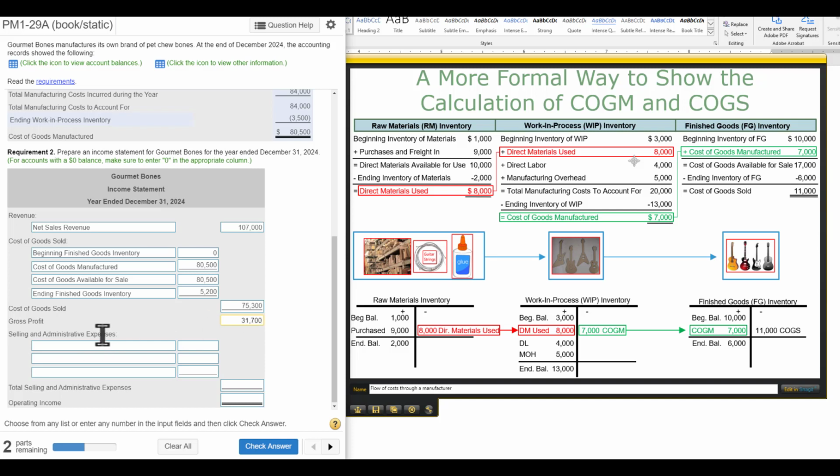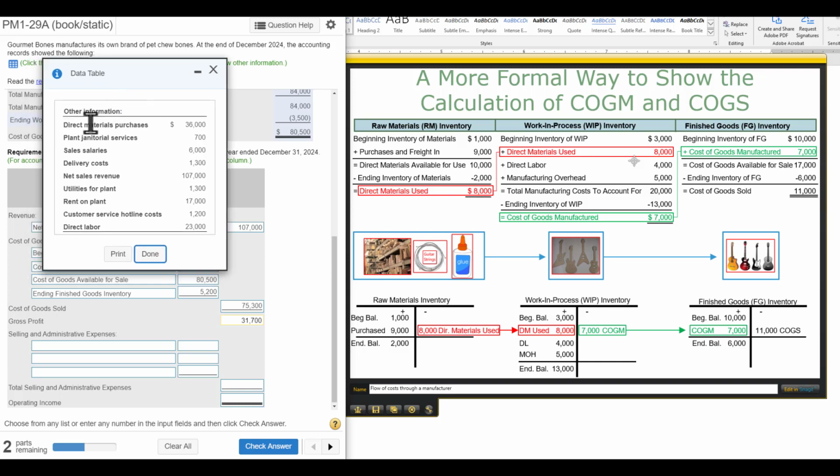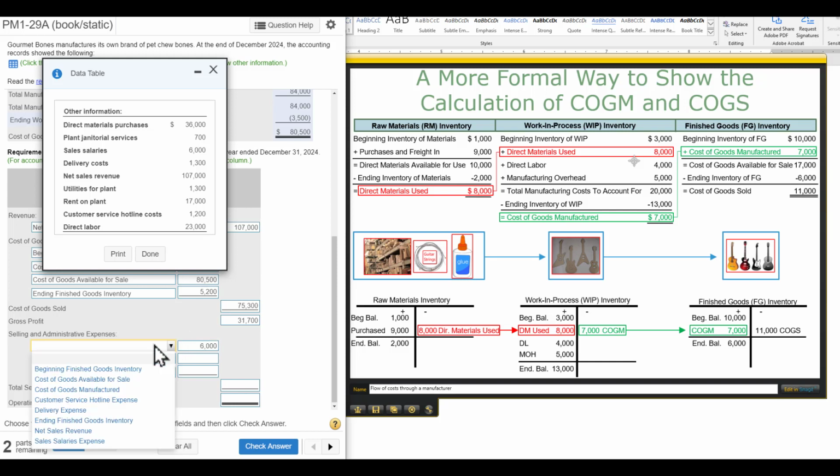Now we have our selling and administrative expenses. So these are the expenses that are not product costs. So let's see. Sales salaries would be one of them. I'm just working my way down here. Direct materials, that's a product cost. Plant janitorial, because it's a plant, that was a product cost. Sales salaries. So these salaries for our salespeople is a period cost, selling and admin.